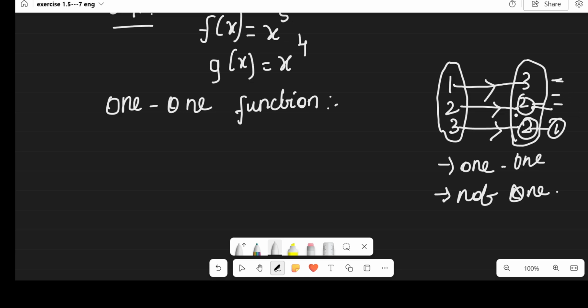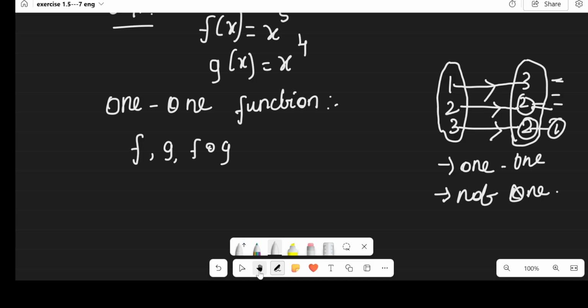For every input there should be a different output. That is a one-to-one function. So here we have to check if f is one-to-one, if g is one-to-one, and if f of g is one-to-one or not. f of g is a composition of functions, right? You should know the concept of composition of functions, then only you can solve this f of g.